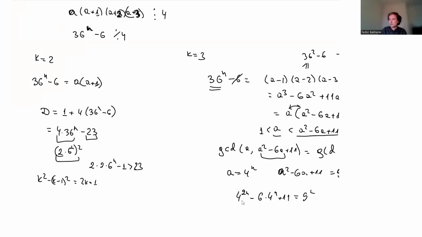But this is 16 to the power n, and this number is bigger than 9 to the power n, for n, I don't know, bigger than 3, I think. So even if we subtract this number, it doesn't compensate the difference between the power of 16 and the power of 9. So it cannot be true.